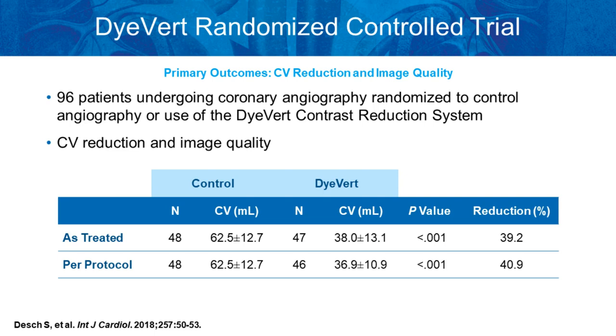And in my experience, it has been pretty much the same, that you save about 40% of contrast compared to what you would have if you had not used DyeVert. So it's not just a statistical significance. To me, more importantly, there's a clinically meaningful reduction in contrast use that we see with this device.